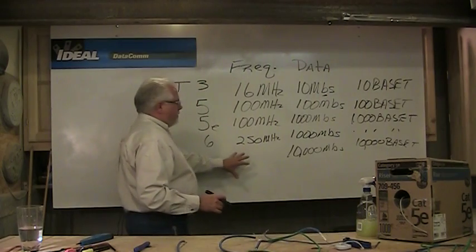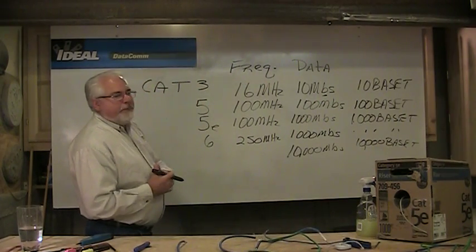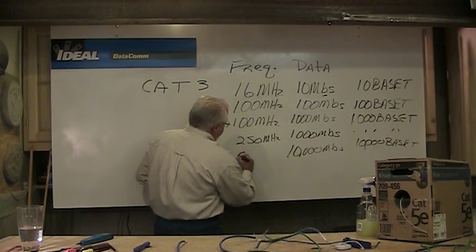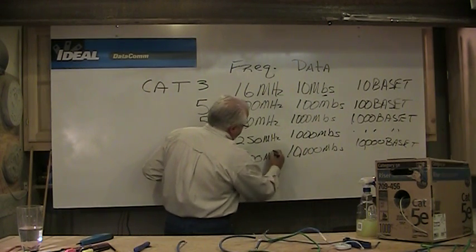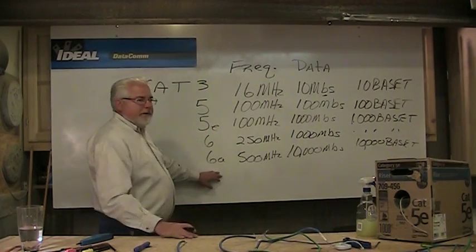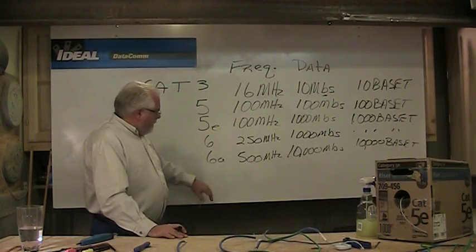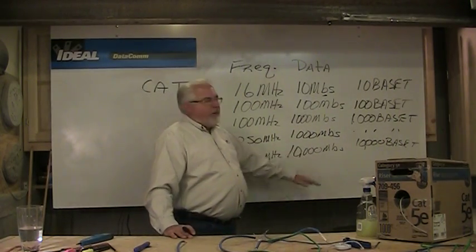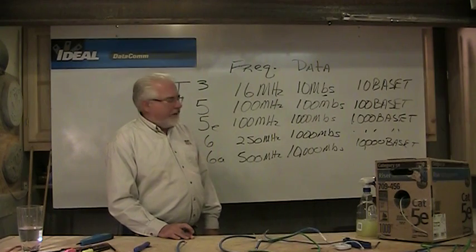Now, in order to do this, we now have needed another cable. We're going to double in pipe again. So the pipe is out to 500 megahertz now, and we call that 6A. And A means augmented in this case. E meant enhanced. So now we have a cable that will support the high end of data networking. And they're working beyond this for sure.